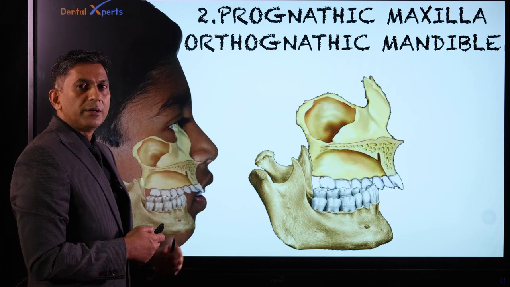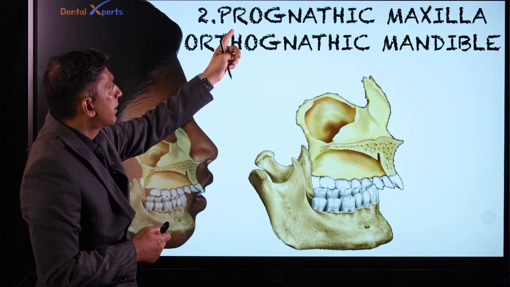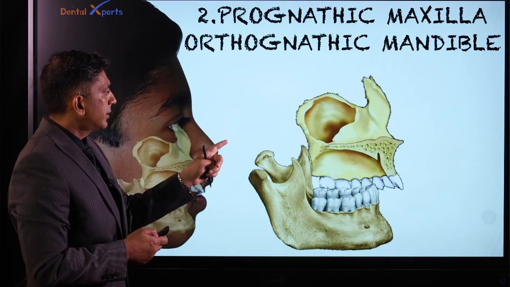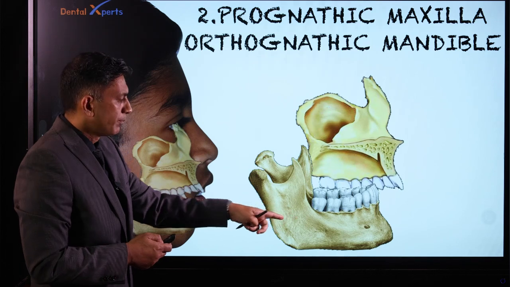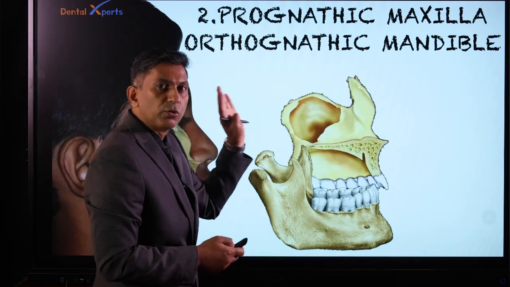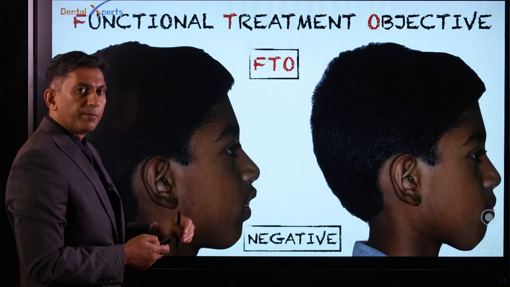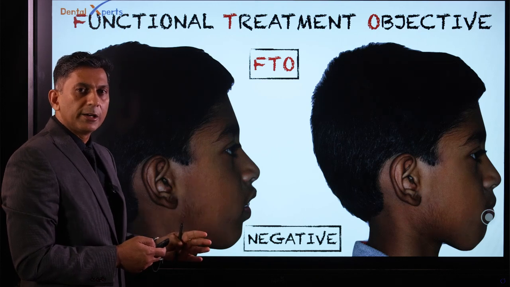The second common skeletal class 2 component is prognathic maxilla and orthognathic mandible. When we get a case of prognathic maxilla with orthognathic mandible, our treatment is to restrict and redirect the growth of maxilla. So, as I mentioned, we commonly use the orthopedic appliance, that is a headgear.